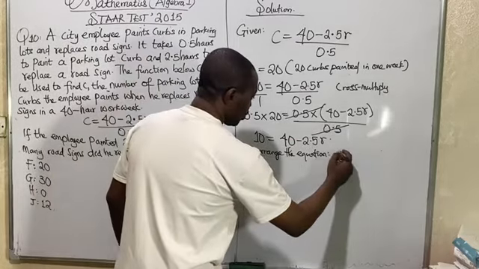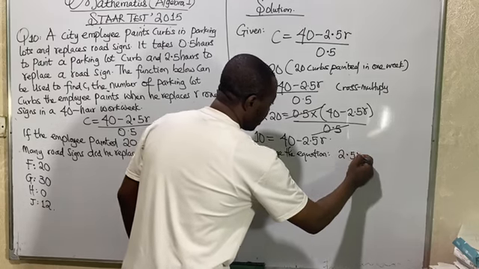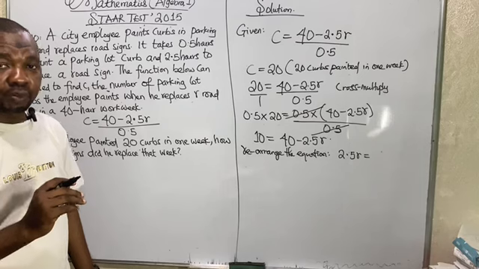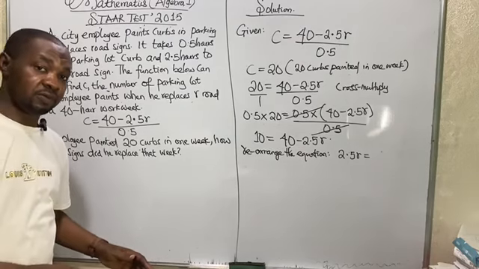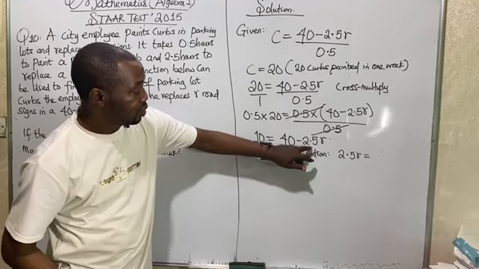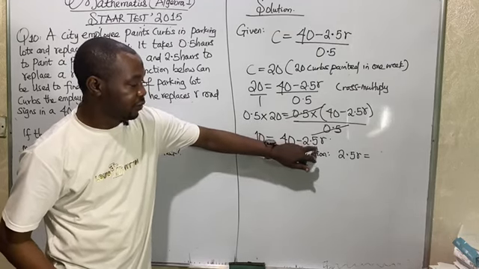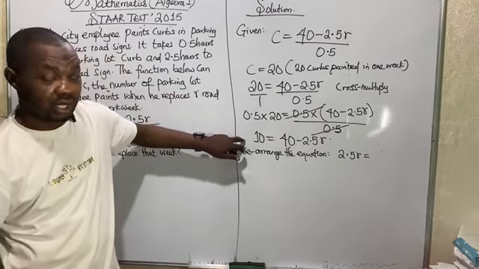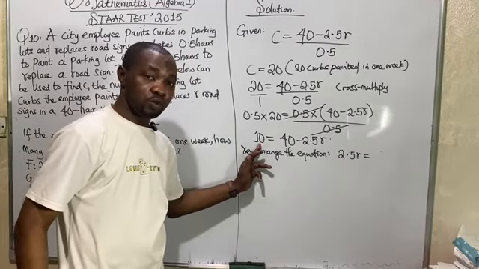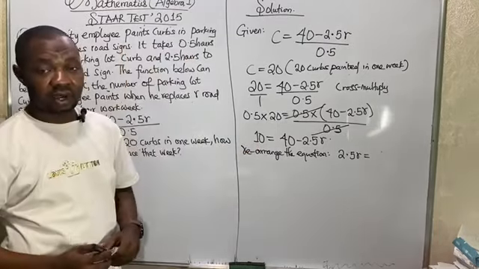We have 2.5R because the solution must be positive. The value of R must be positive. So that's why negative 2.5R will be moved over to the left hand side, and we have 2.5R here. Then this 10 also will be moved over to the right hand side.